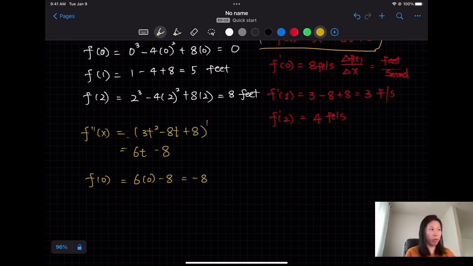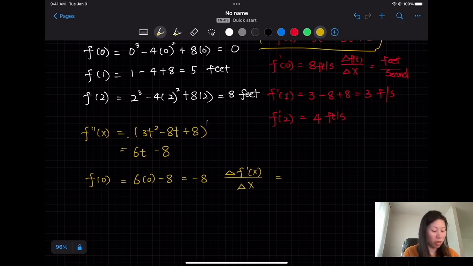So what would be the unit? You think about this as the change in the first derivative over the change in time, right? So I substitute those units into it and check.